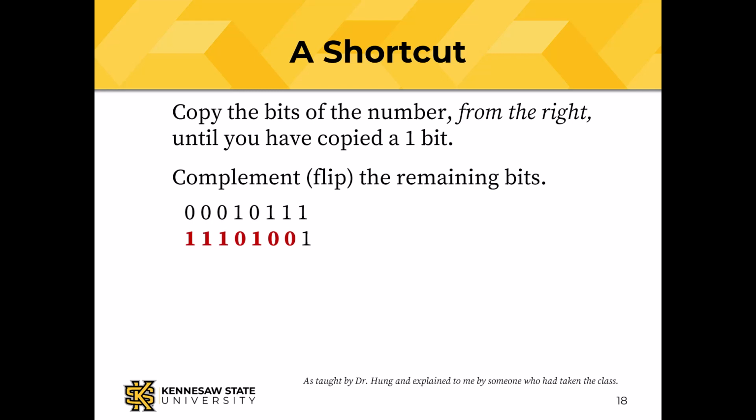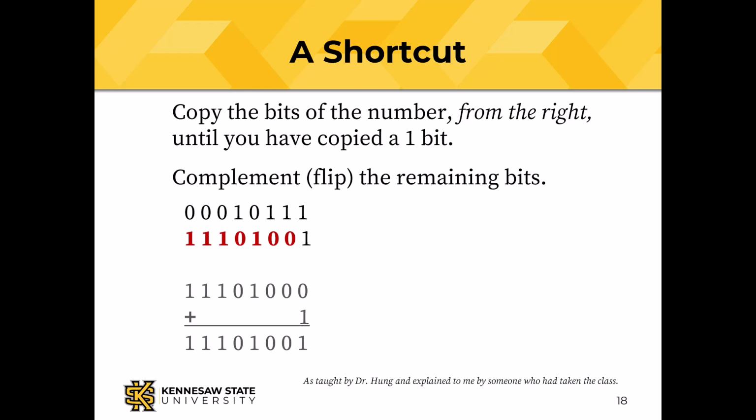If I want to take the 2's complement of 0010111, I copy from the right until I've copied a 1 bit. That's the first one this time. Then I complement, that is, flip the remaining bits, and get, reading from the right, 1101001.